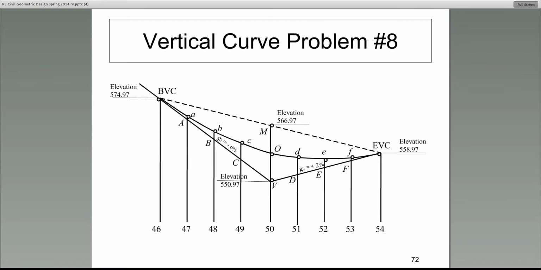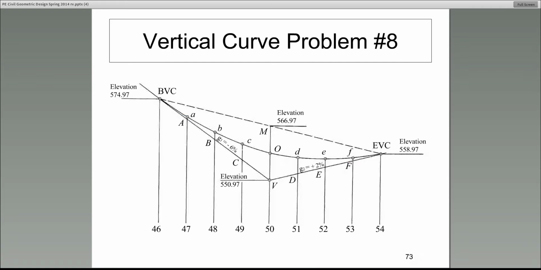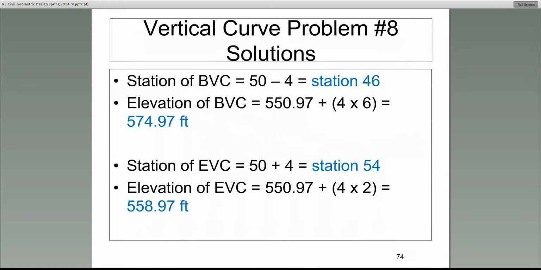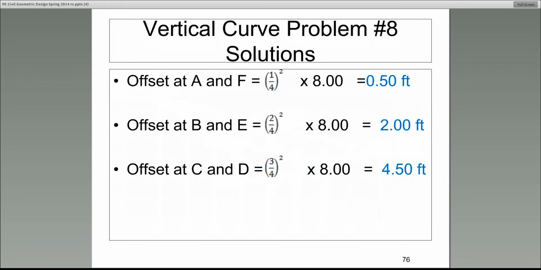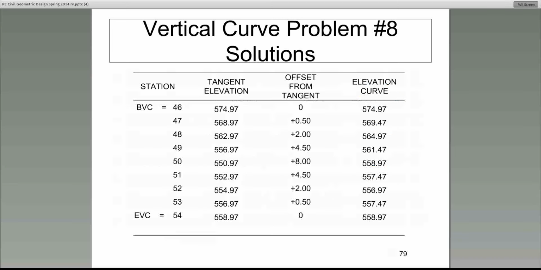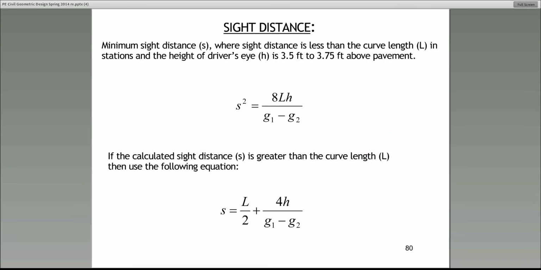Problem number 8 is a typical vertical curve. I will leave this for you to review. Use this to practice what I just showed you. The next topic that we're going to cover is the sight distance. There are 2 more topics that are very important for the test that I will cover before we stop.